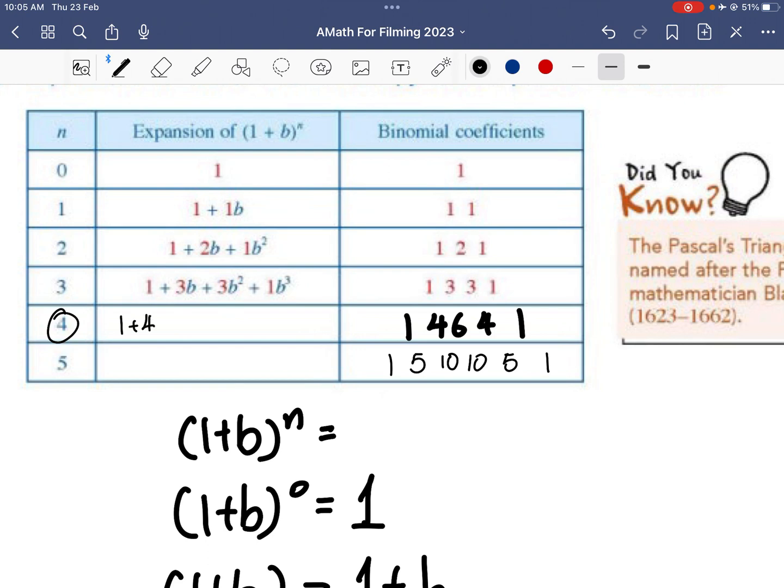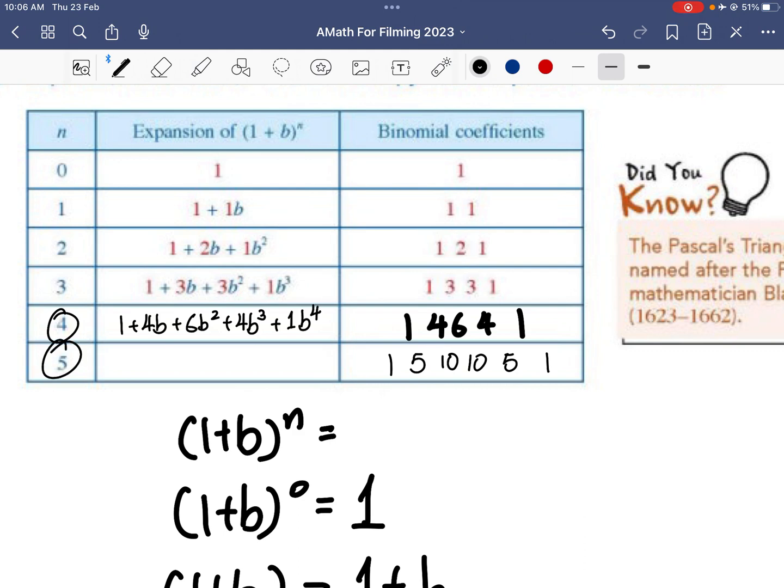So if I were to expand, in this case, (1 + b) to the power of 4, I get 1 plus 4b. Notice that my b will be in increasing powers. It becomes 6b squared plus 4b cubed, where I get the 4 from the Pascal triangle, plus 1b to the power of 4.